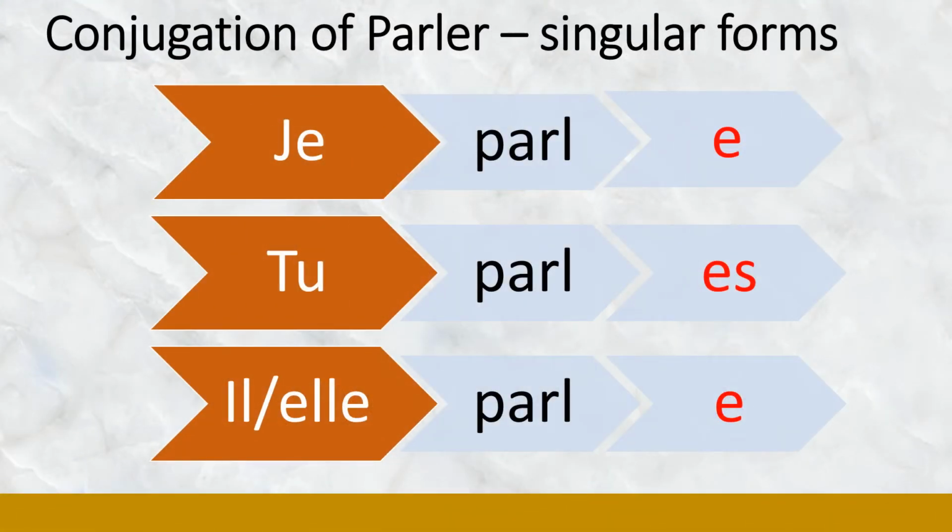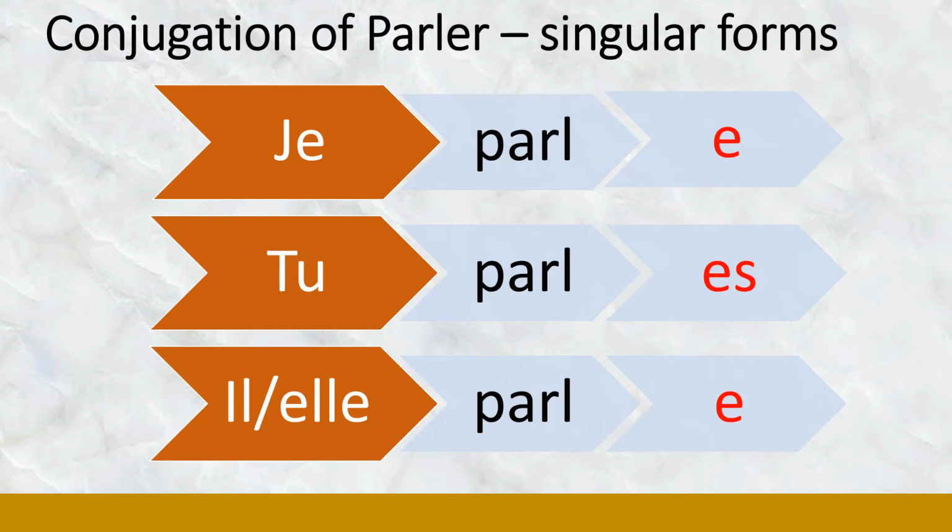So, I'm going to conjugate parler, which means to speak. What I'm going to do is get rid of the ER, which is the ending and which shows the infinitive. So we're going to have what we call a stem.